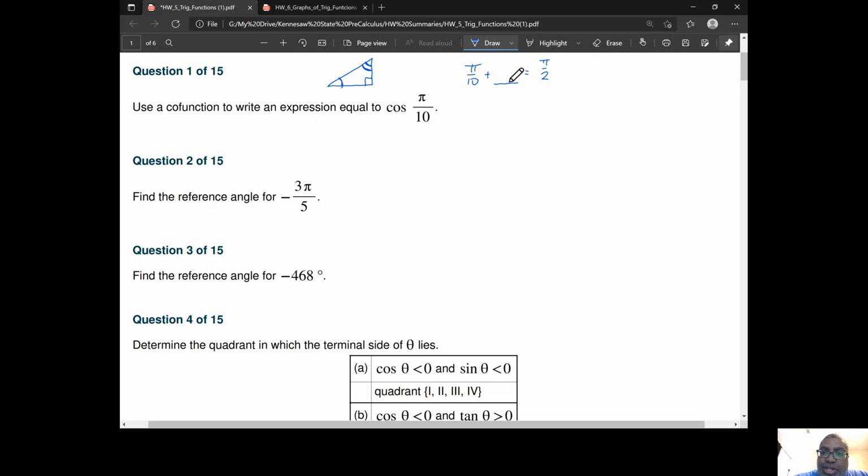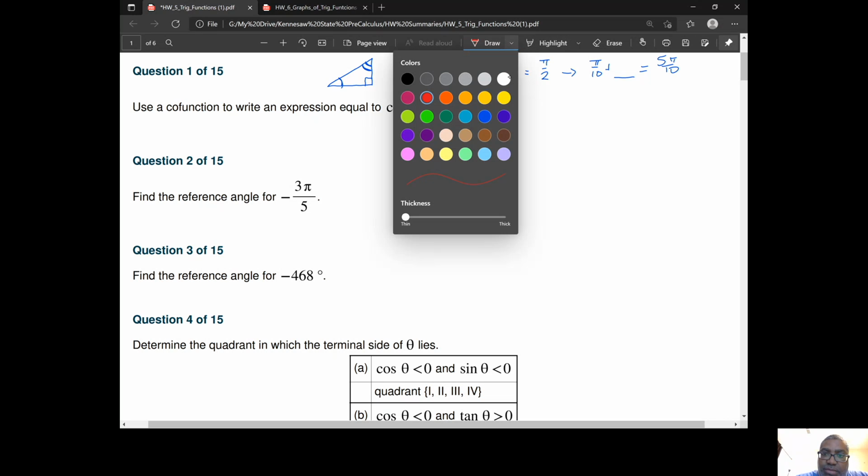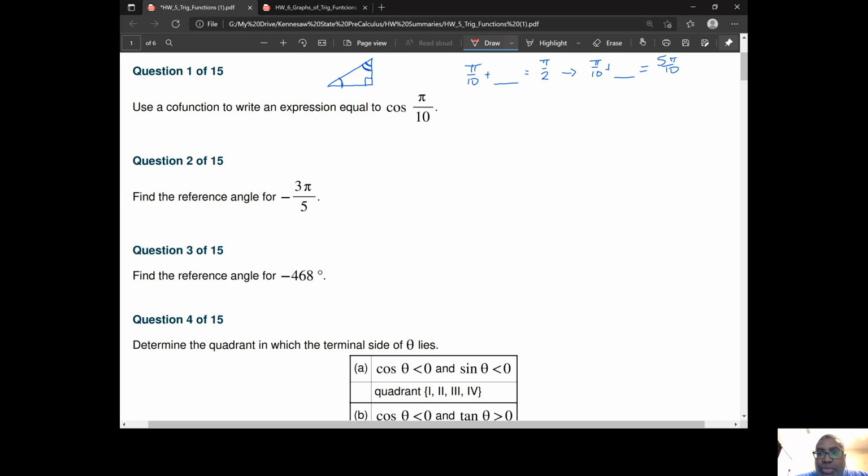If we change this to over 10, then pi over 10 plus whatever is here is equal to 5 pi over 10. Obviously, what goes in here is 4 pi over 10, which simplifies to 2 pi over 5. So if one angle is pi over 10, then the other angle is 2 pi over 5.